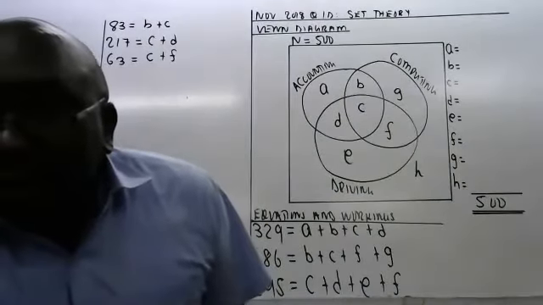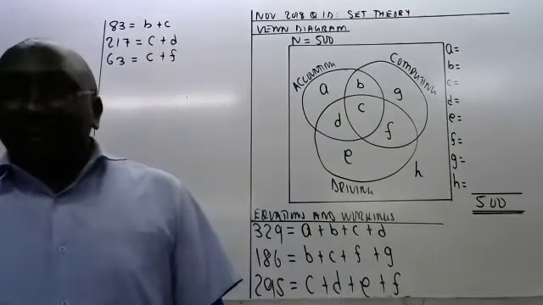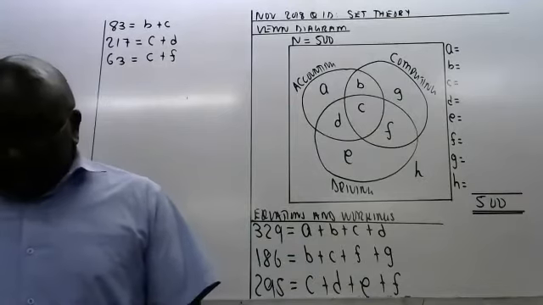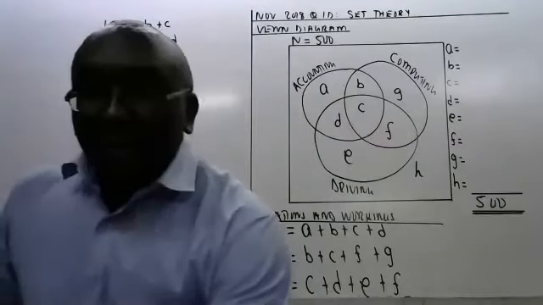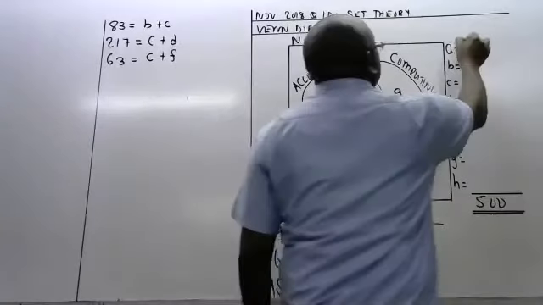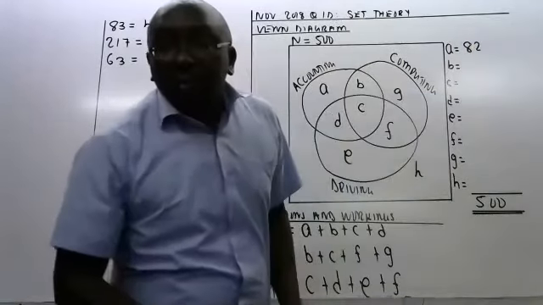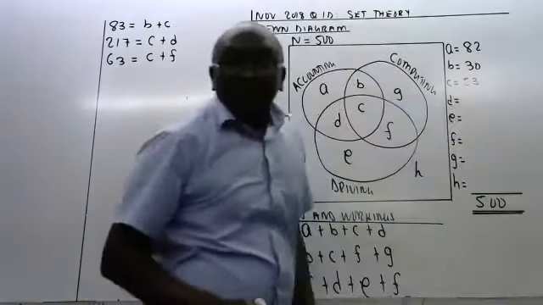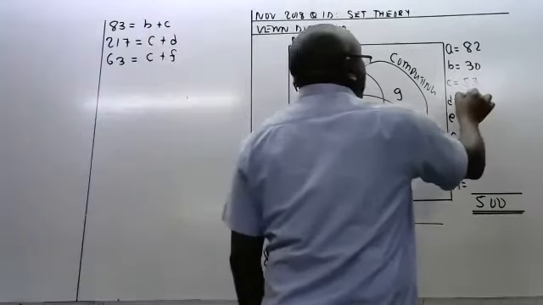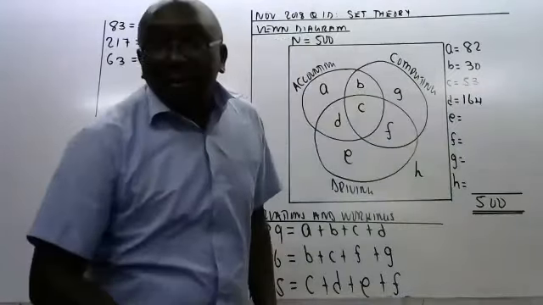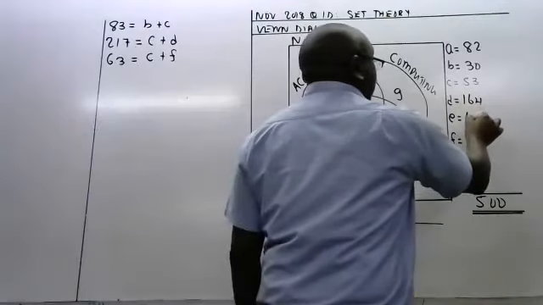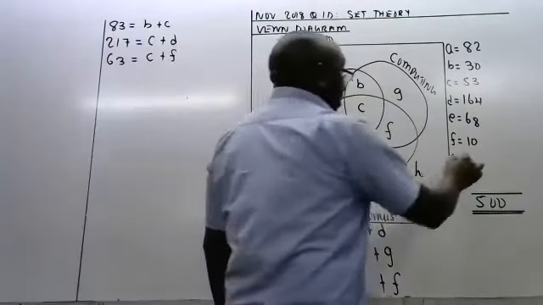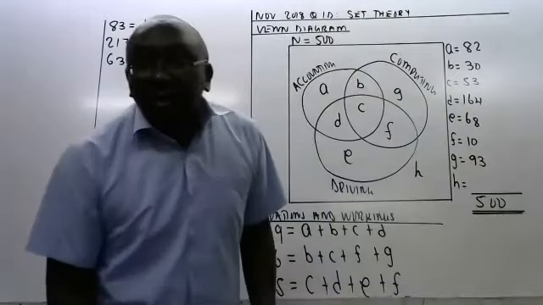Yeah, I can see Eliana giving figures. The others, you are seeing dust. Yes, Hannah has given us A as 82, B 30, C 53, D 164, E 68, 10 for F, G 93.